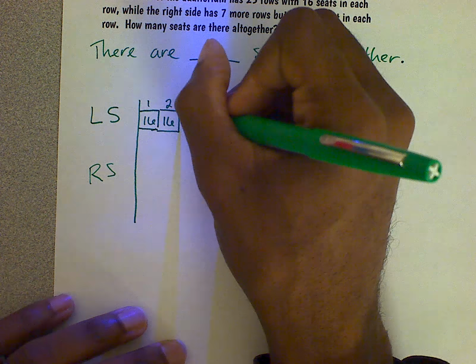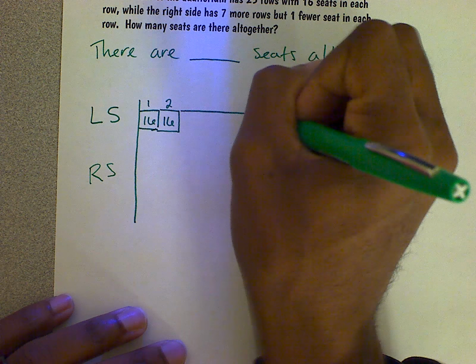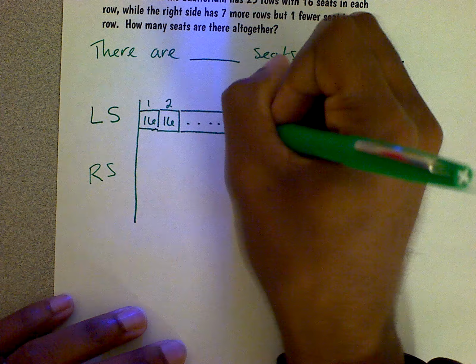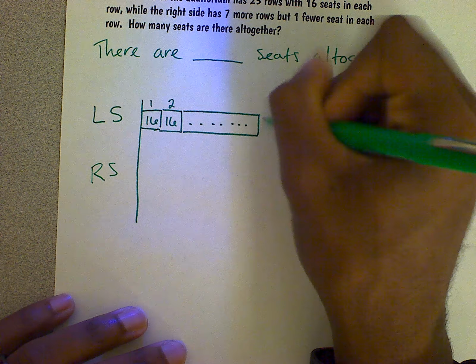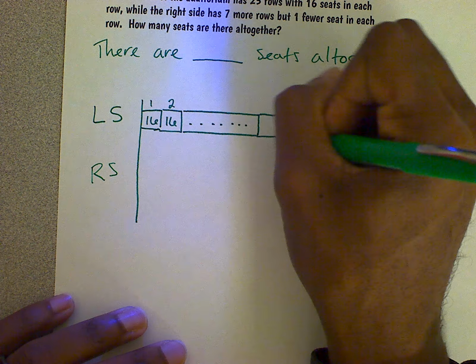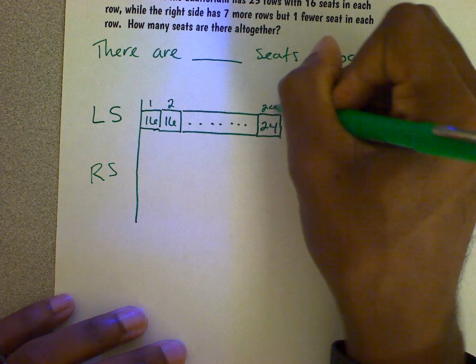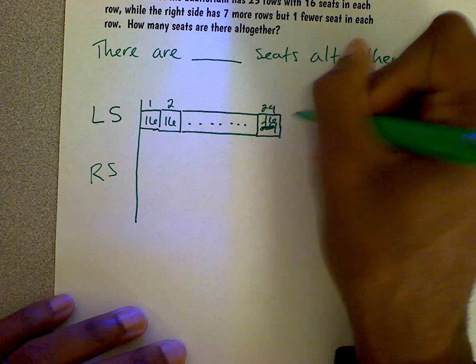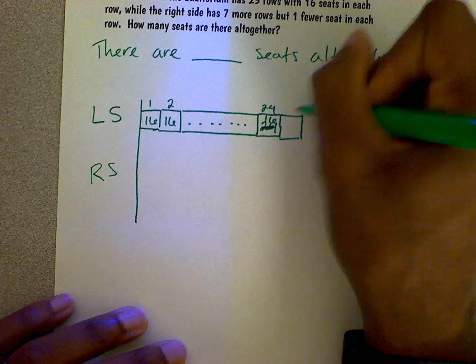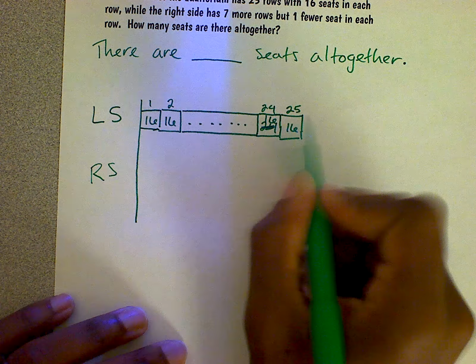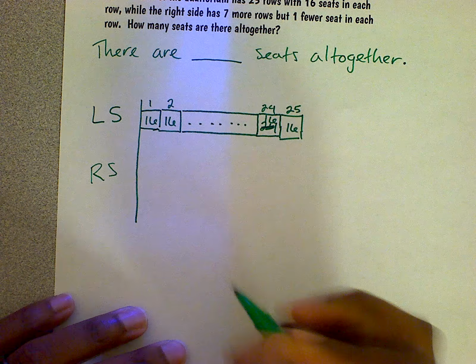So what I'm going to do is jump ahead and make this nice little rectangle shape that says continued. And I'll pick up at number 24 with 16 and our 25th with 16. So now I know I have 25 groups of 16.